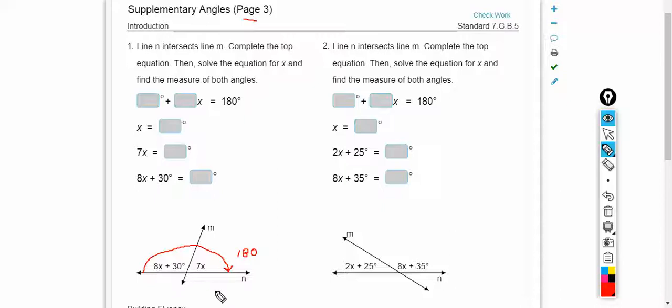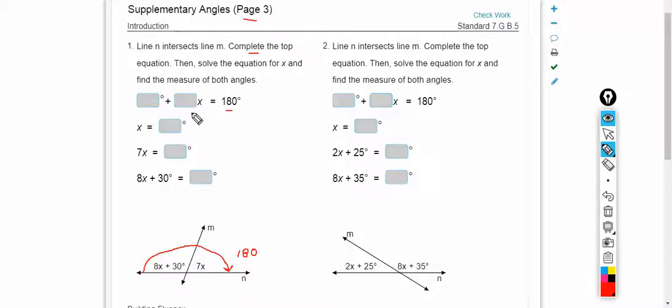Okay, it's a little bit different here because now they want you to put in the equations, because it says line N intersects line M. Okay, these are the two lines and they intersect. So complete the top equation. Okay, so we know these together equal 180, so they put the 180 there.